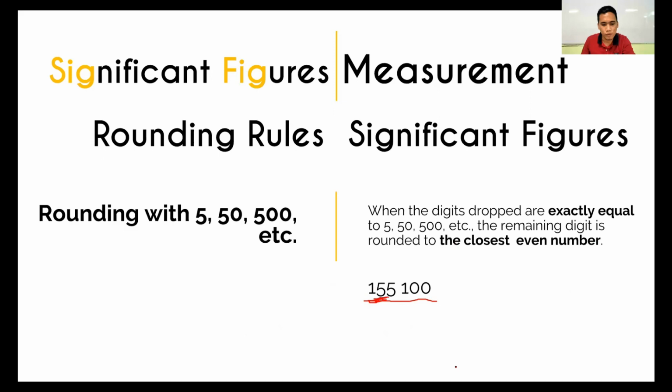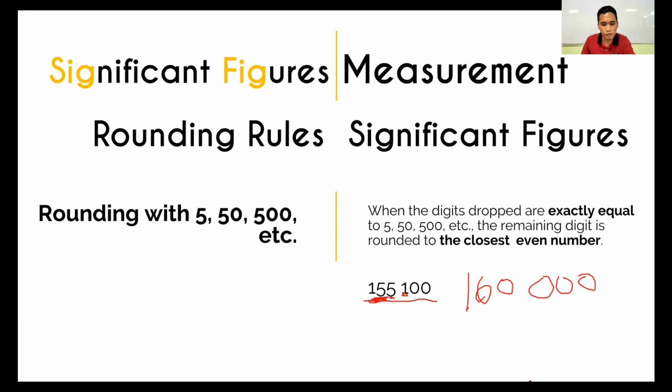But if in case there is a succeeding digit after the 5, like 0, 0, 0, 1, then we round up. So in this case, rounded to its nearest 10,000s, it is 5 but with a number after the 5, so we round up to 160,000. Always remember, if it is 5 but with a succeeding digit, then we round up.